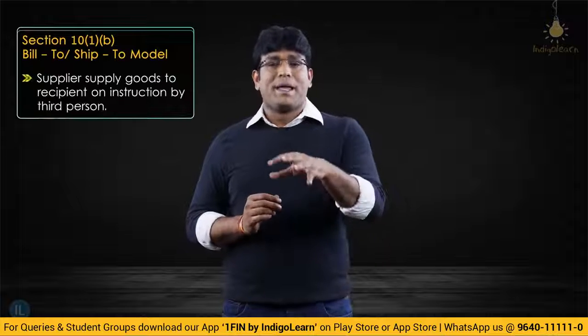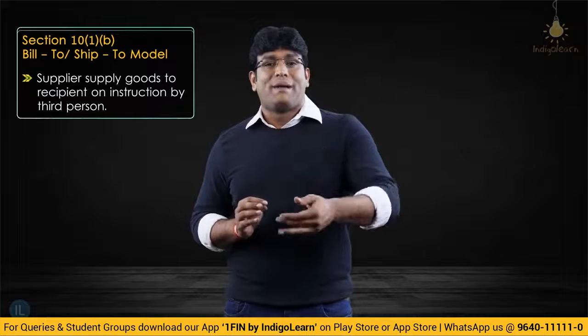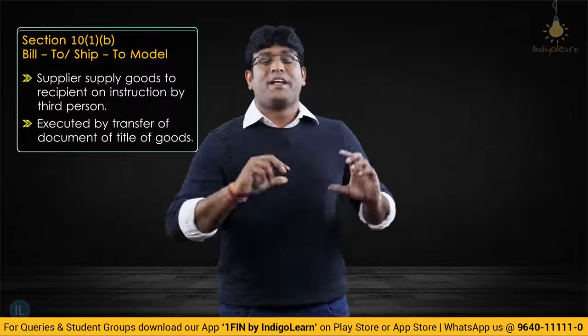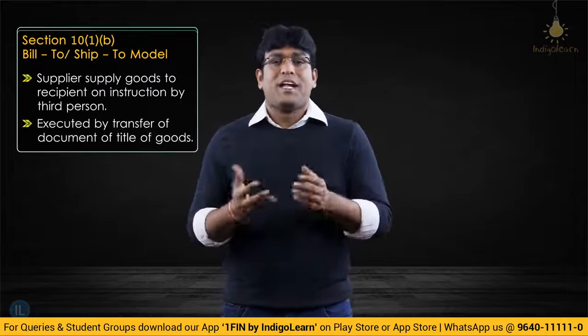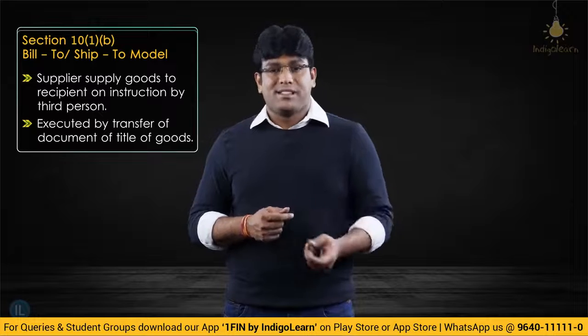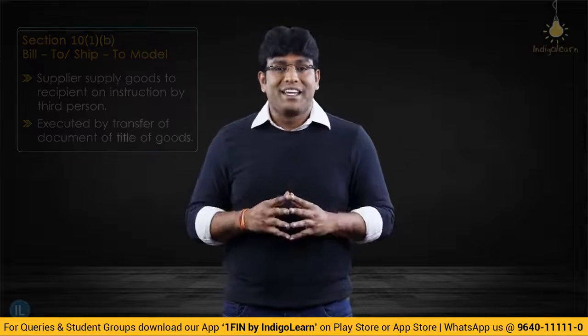In case where goods are supplied by supplier to the recipient on the instructions of a third person, generally practically this happens by way of transfer of document of title to the goods. Document of title basically means a lorry receipt or airway bill or railway receipt. They'll endorse it in some other person's name. Getting clarity, guys?